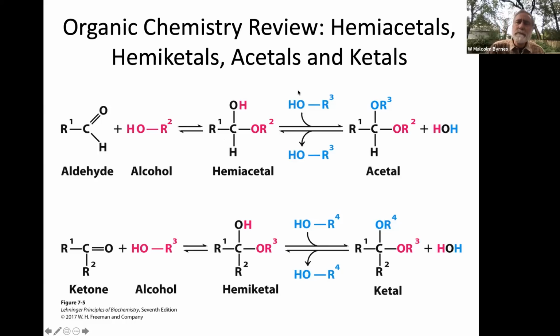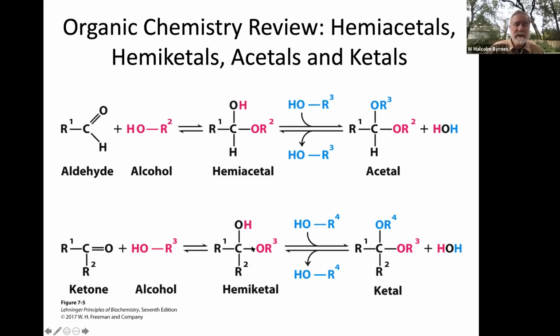When another alcohol now reacts with a hemiacetal, it forms what's called an acetal and water. Now, when an alcohol reacts with a ketone, it forms what's called a hemiketal.